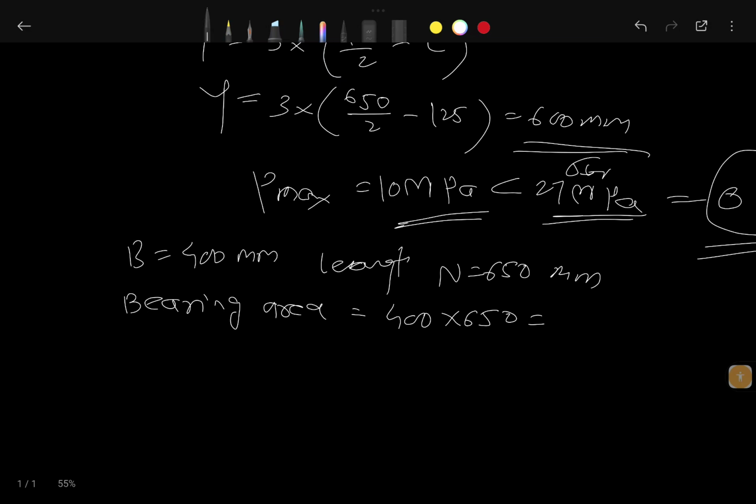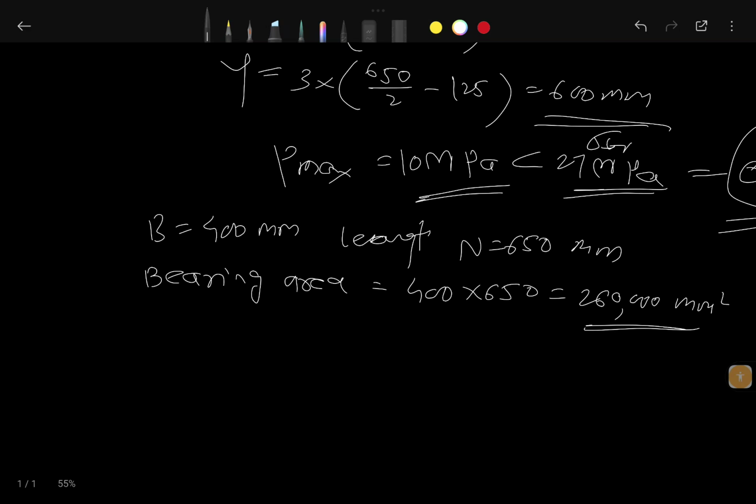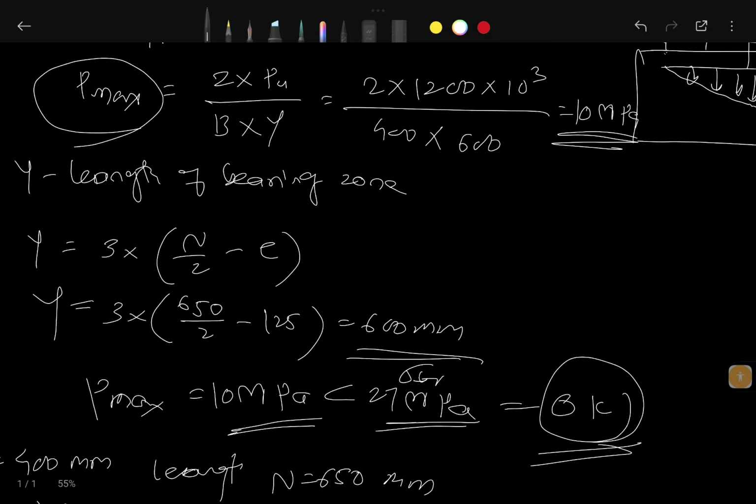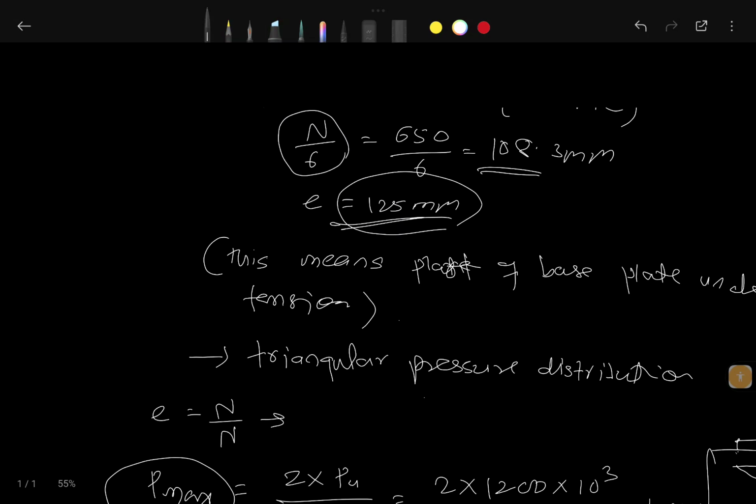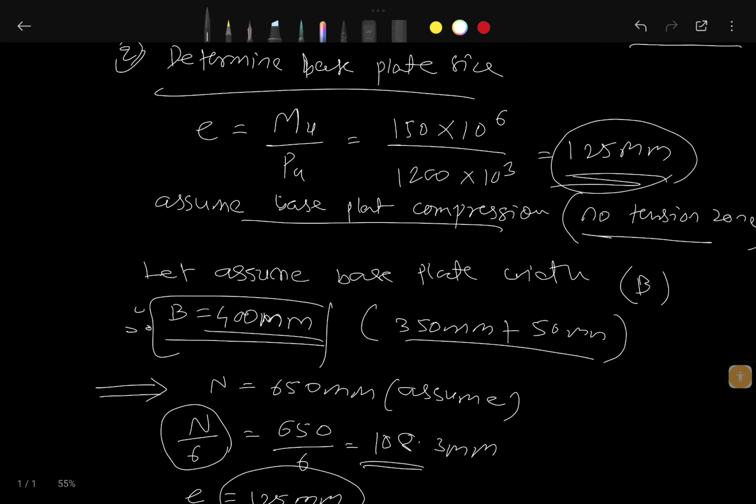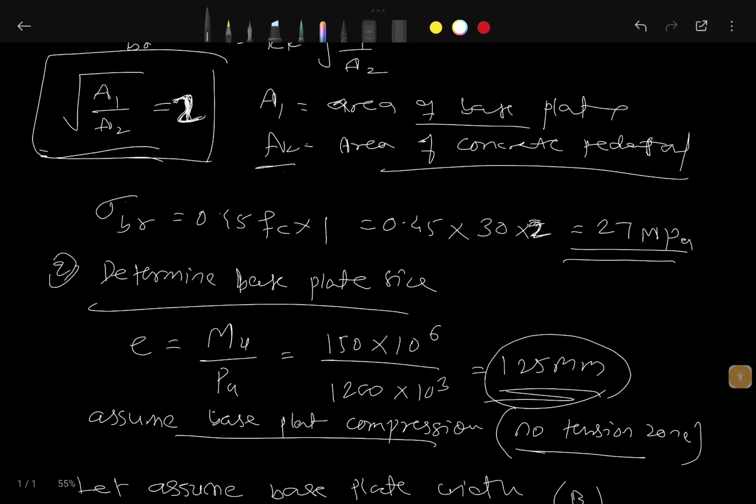It should be 260,000 mm square. This is the base plate we have calculated. Now we calculate the base plate thickness. Just remember this procedure to find out the base plate size.